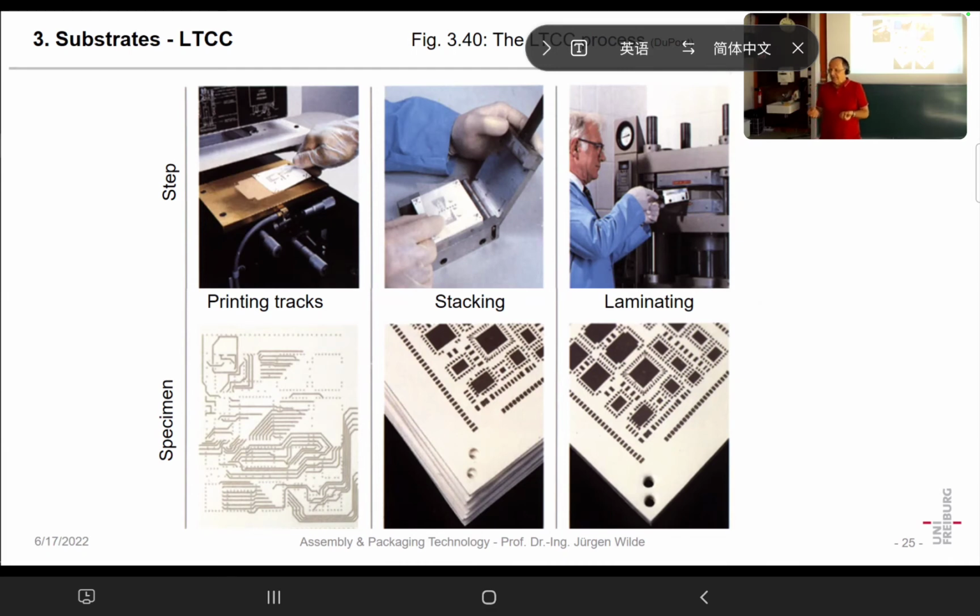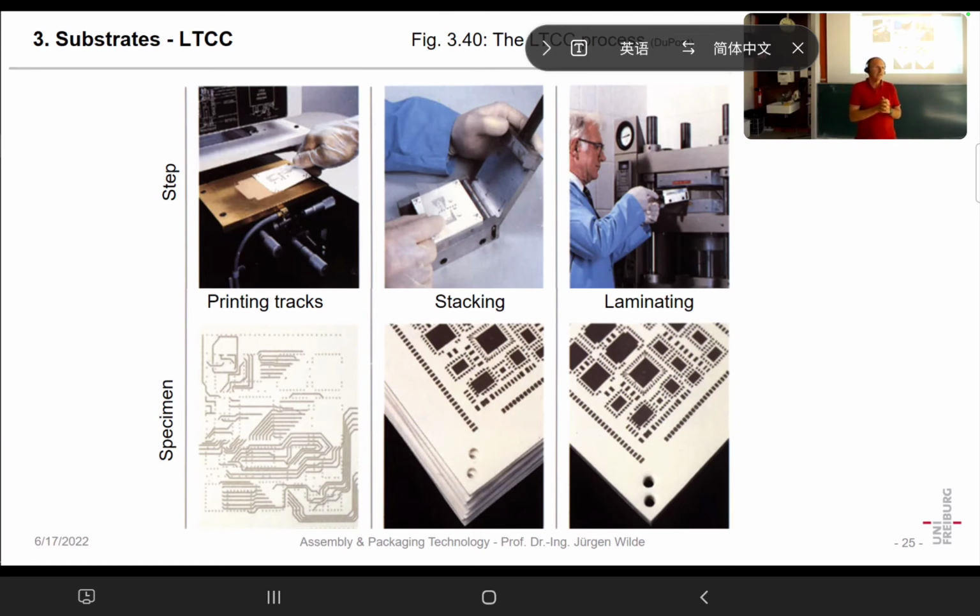In the next step, these green tapes are laminated. In the firing, you don't want them to separate. What you don't want to have after firing is separate leaves of ceramic material, but they must be one monolithic body.